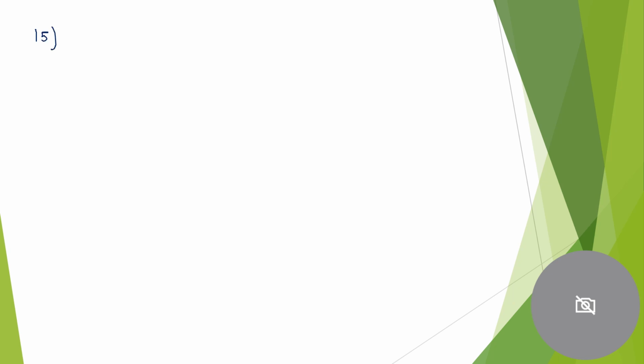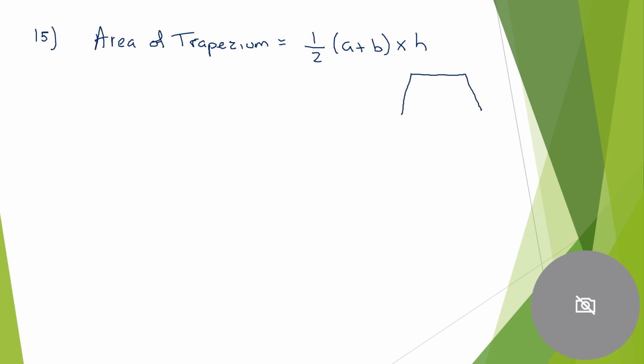The next topic is volume and area. Now, you've got these given to you in the front of the paper. There's a formula list at the front, so you don't need to learn these, okay? The two formulas given are the area of a trapezium, and that is given as half, in brackets, A plus B times H. They even draw a little picture of the trapezium at the front, and they label it for you.